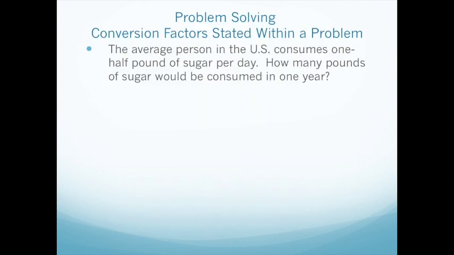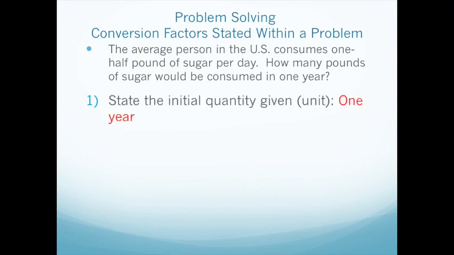So, in the context of problem solving, say the average person in the United States consumes 1/2 pound of sugar each day. How many pounds of sugar would be consumed in 1 year? So this is a units problem. You start by finding the initial quantity given, which is 1 year. And then you want to know the number of pounds consumed in 1 year.